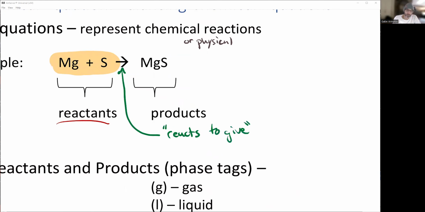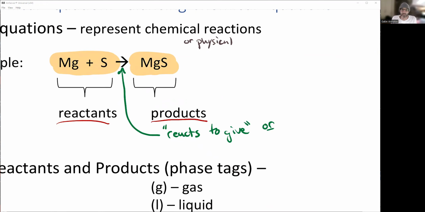That's the kind of verbiage you hear to talk about a reaction happening. You might read a word problem, and okay, I can see the reaction, here are my reactants. By the way, here are the products. Products are the result of a reaction. So reactants react to give products.